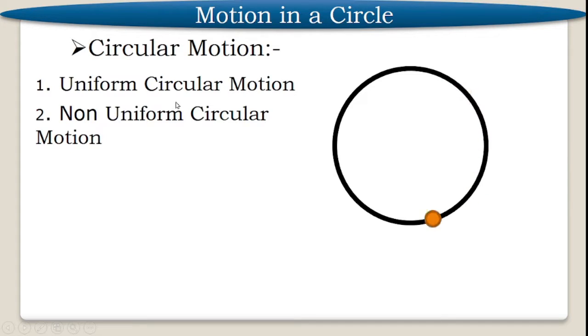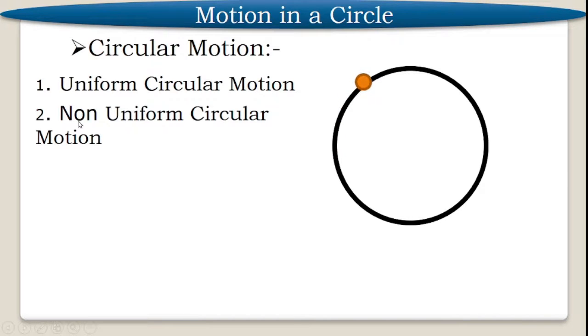Or in other words, if any object moving in a circular path has uniform speed, then its motion is called uniform circular motion.